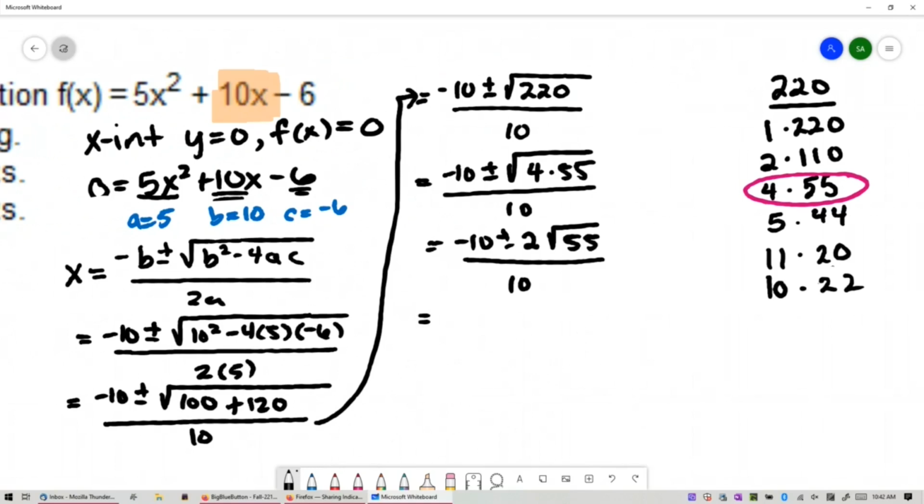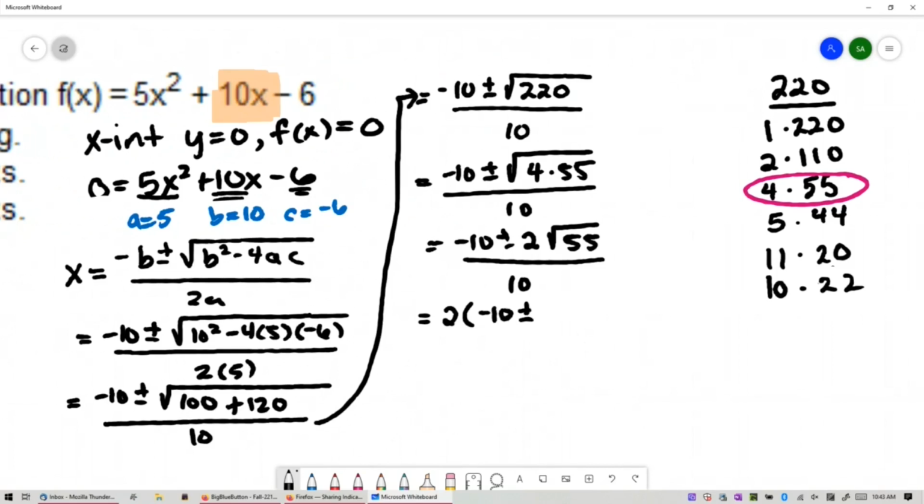The final thing that we want to do here is that we have a fraction, and you always want to write fractions in lowest terms, no common factors between the numerator and denominator. And so looking in the numerator, I have 10 and 2, and both of those are even, divisible by 2, so we have a factor of 2 in the numerator. And in our denominator, we have a 10, also has a factor of 2. So I can factor a 2 out of the numerator.